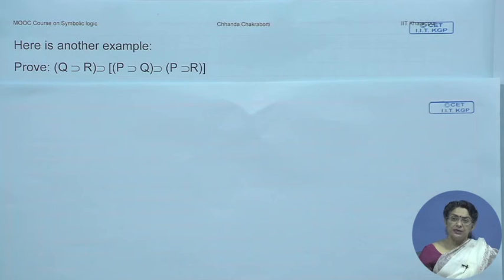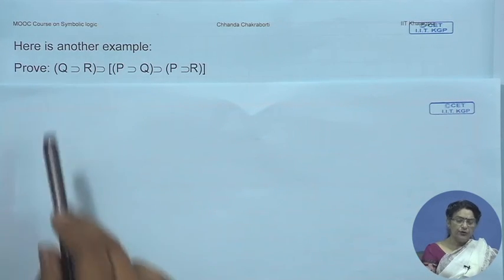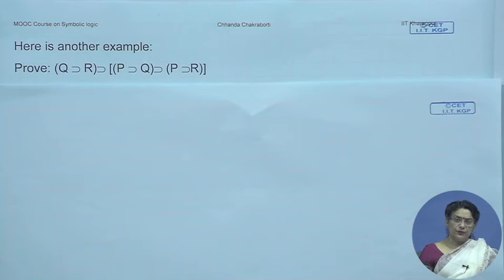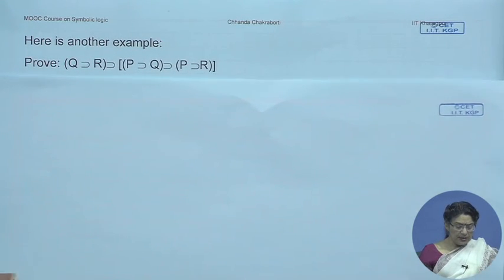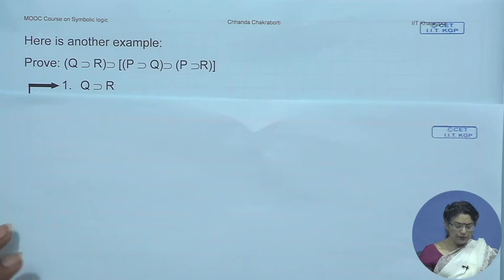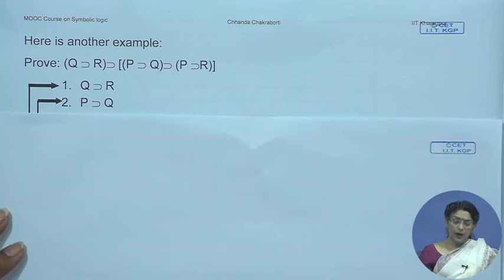If we are choosing Cp here, what can we assume? You can assume this, you can assume Q, you can assume Q horseshoe R, and so on and so forth. But probably the fastest way you can do this is to first assume Q horseshoe R, and then assume P horseshoe Q. Why?